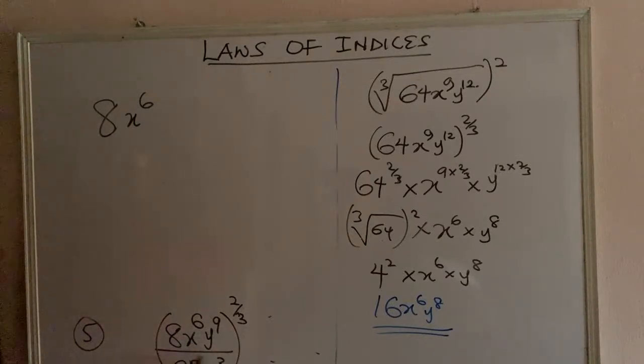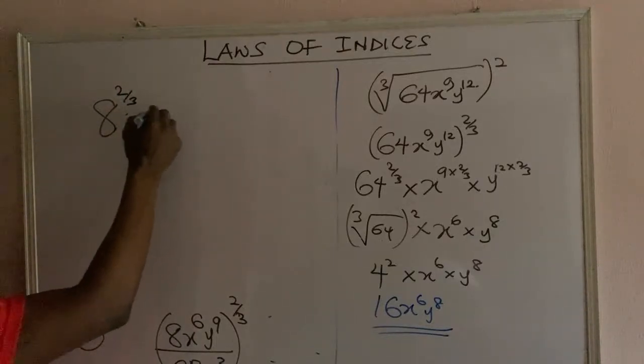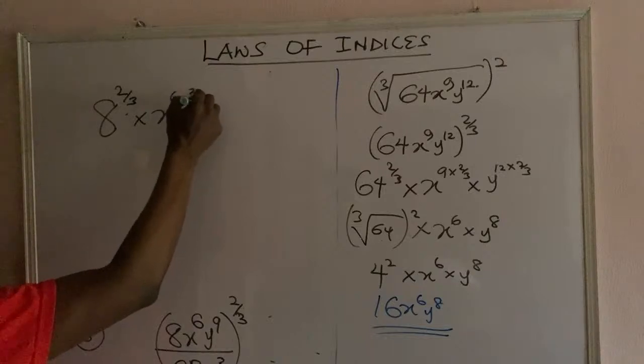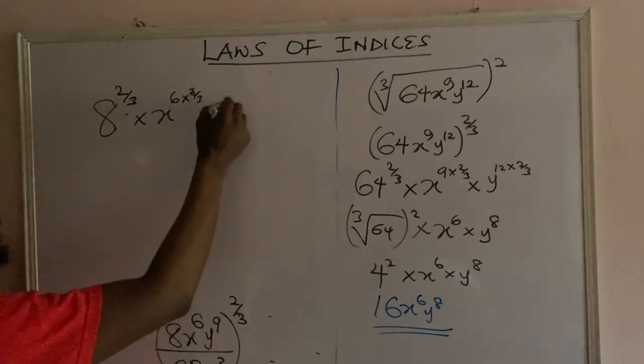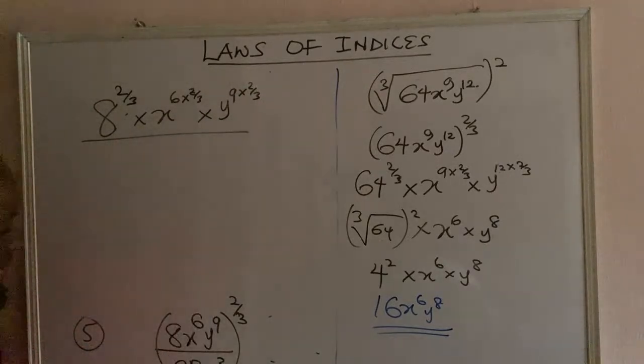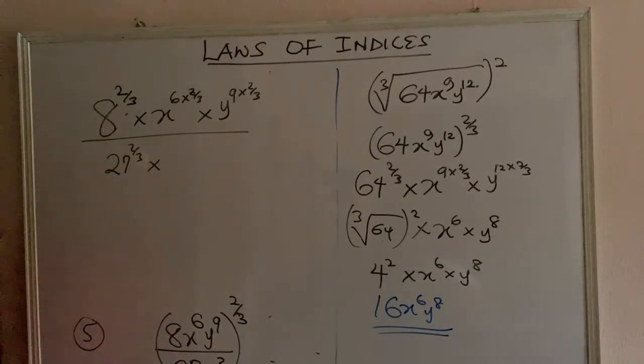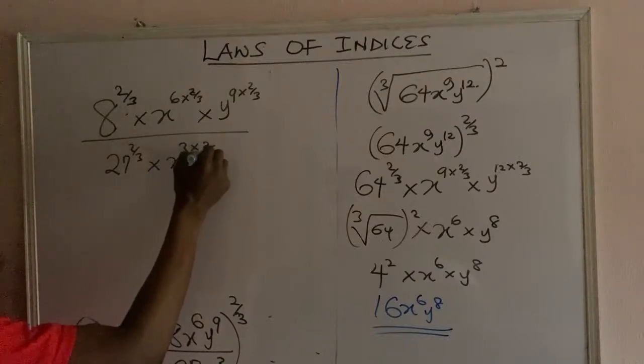We can decide to reduce this first of all. So by saying 2 to 2/3 multiplied by x raised to the power 6 times 2/3 multiplied by y raised to the power 9 times 2/3, all over, I'll do the same thing for the denominator, 27 to 2/3 multiplied by x raised to the power 3 times 2/3.